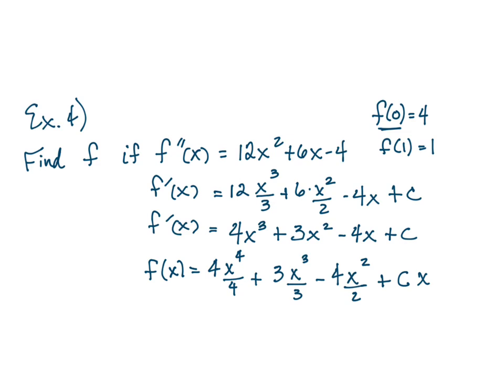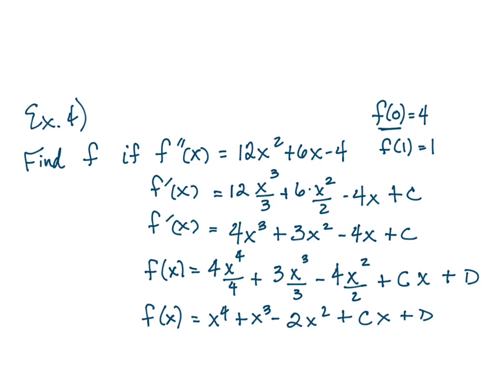And then there's a constant at the end, plus d, a new constant. So let's simplify this first. This is going to be our general antiderivative for f: x to the 4th plus x cubed minus 2x squared plus cx plus d. Are you with me? Okay.